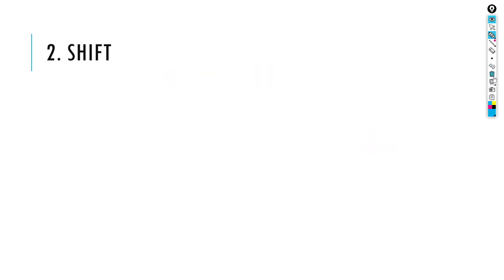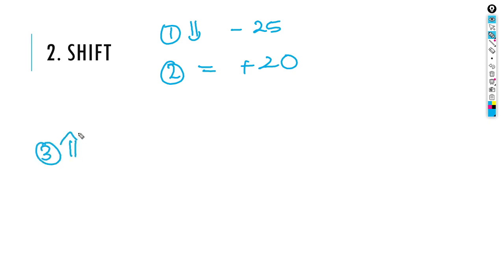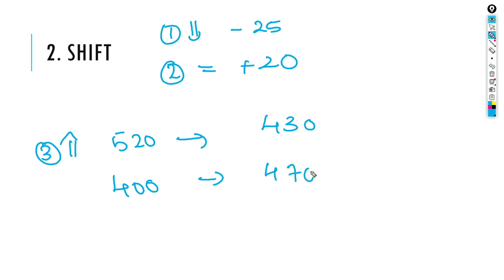And finally, the last case is when the market reverses. So in this case, if the market starts heading back up high, this at 520 will end up becoming somewhere close to 430 rupees. And this which you have shorted at 400 rupees will end up becoming 470 rupees.